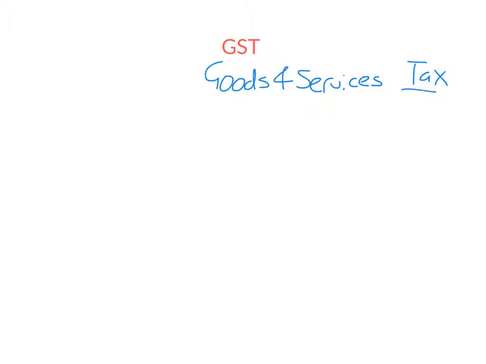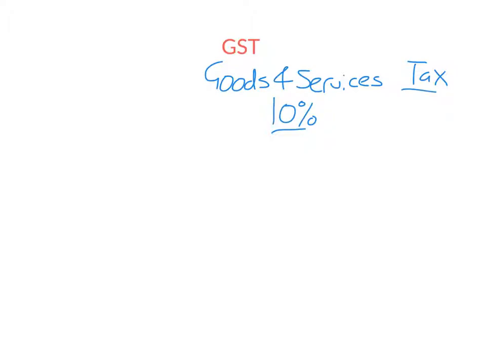So in Australia, at the time I made this video, the GST rate was 10%. So what that means is when a company charges you for something like a bottle of Coke, they have to increase the price by 10% and give that extra money to the government. Now in Australia, almost everything you can buy has GST.